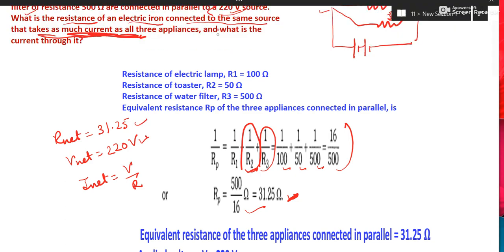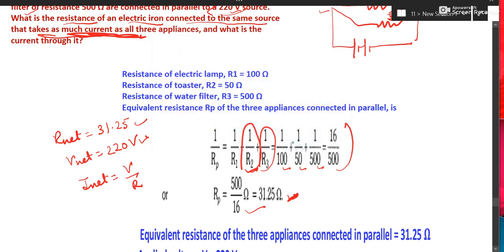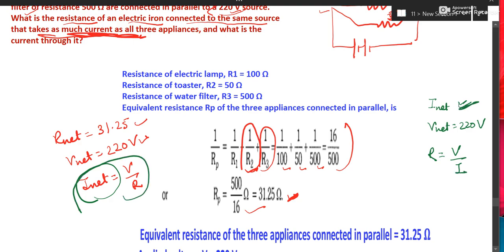Once you are ready with the current, you can use that current, and the net voltage is already given as 220 volt. Now you have to find out the resistance. So it is V by I. The I you have found here, this I you will use here. Voltage is given.